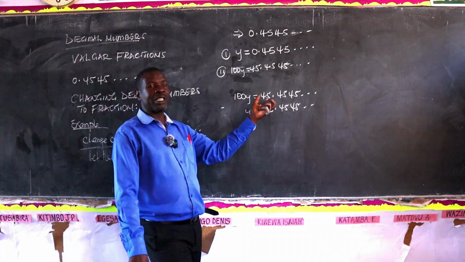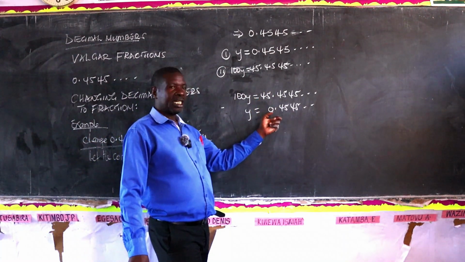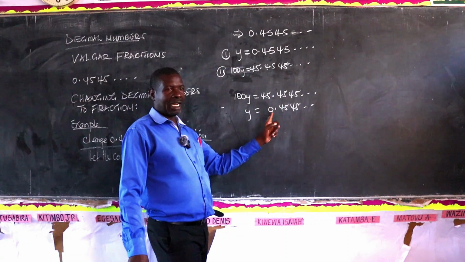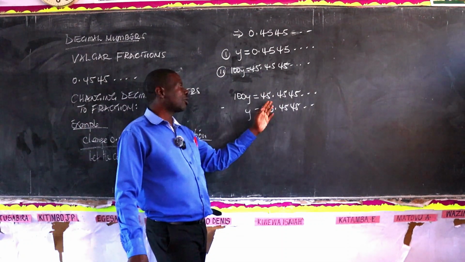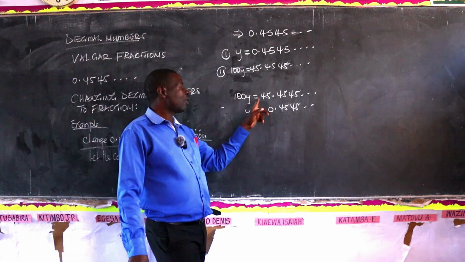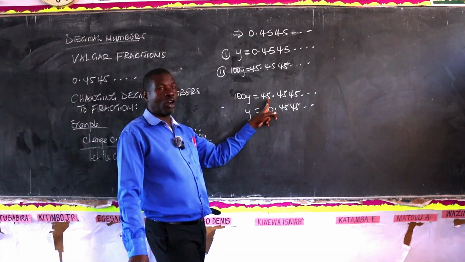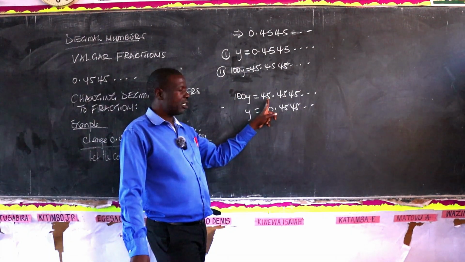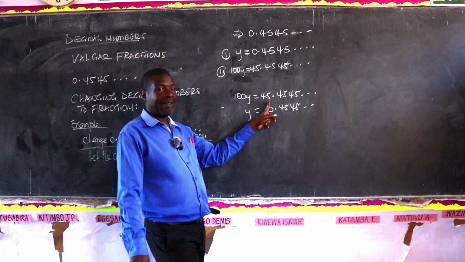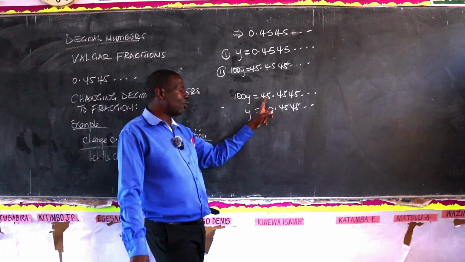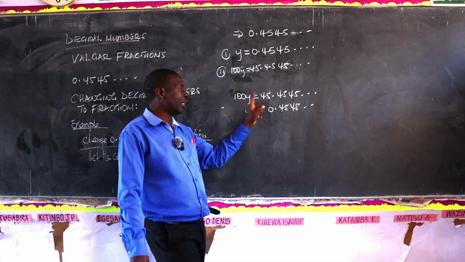The decimal point matters: the decimal point should be in the same line when arranging place values. On this side, the 0 takes up the place value of 1s.